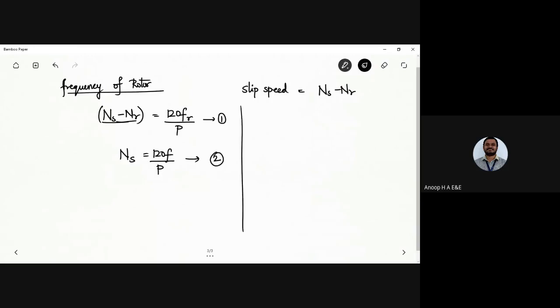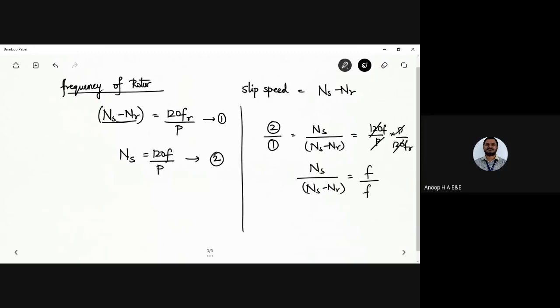If I write 2 by 1, that would be ns divided by (ns minus nr) equal to 120f divided by p, times p divided by 120fr. So ns divided by (ns minus nr) will be equal to f divided by fr.